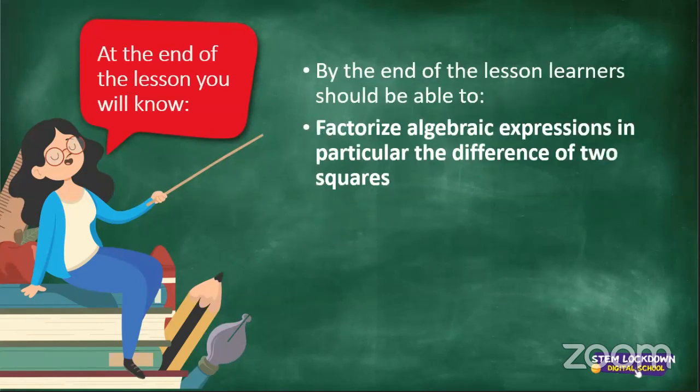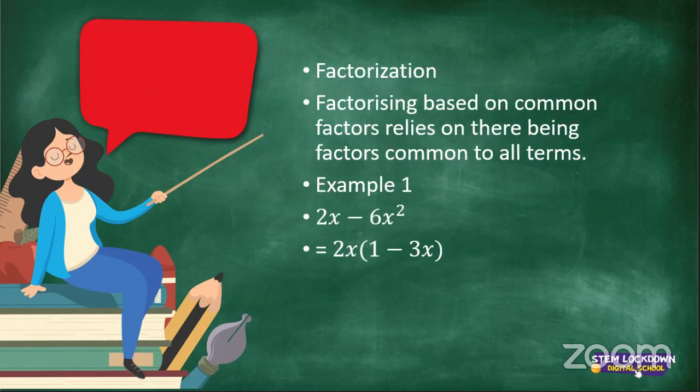We have been able to see that you can factorize this in example 1. You have the expression 2x minus 6x squared. Once you take out 2x, you'll be left with 1 minus 3x. So your final answer will be 2x into 1 minus 3x, and that is your factorization as it stands.